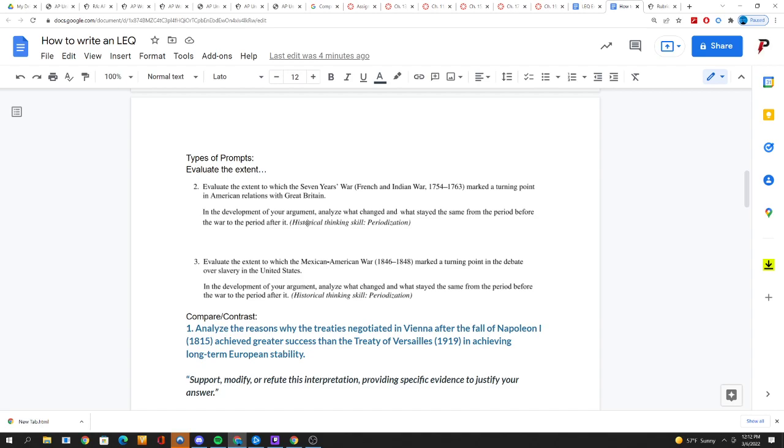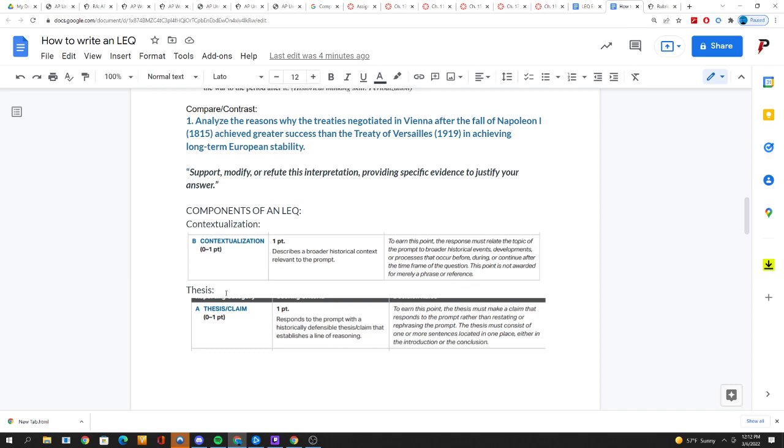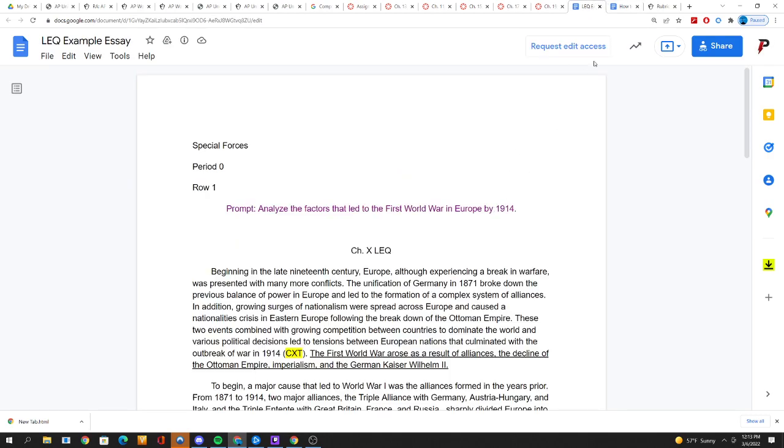Right? People can disagree with that, and that's actually the purpose of a thesis. You want it to be disagreeable, but also agreeable. That's what it means to be defensible. Okay, and it is right after your context. So make sure your thesis is argumentative. Okay, and remember, for evaluate the extent, you can always have several things talking about your thesis. Now, I will explain what a thesis should look like, and I will use the LEQ provided here.